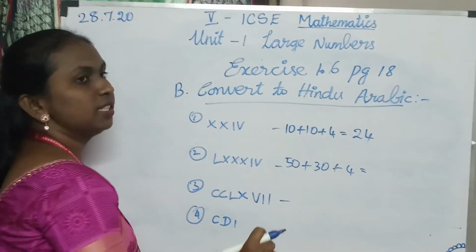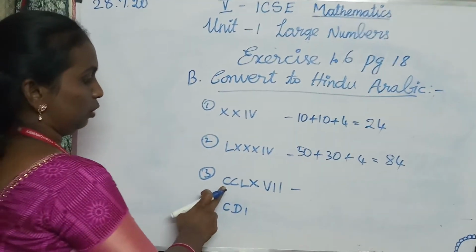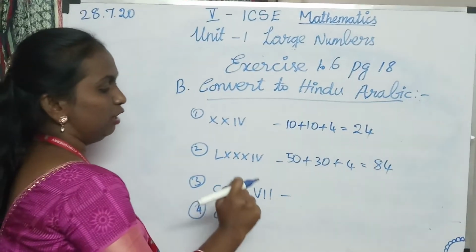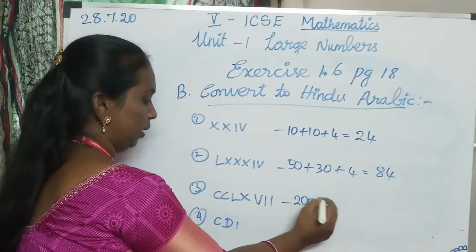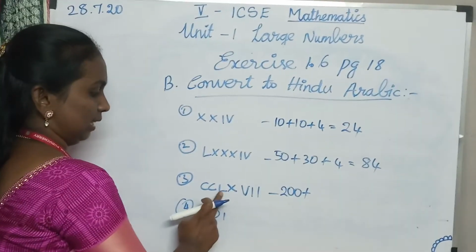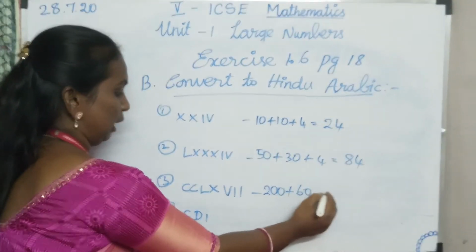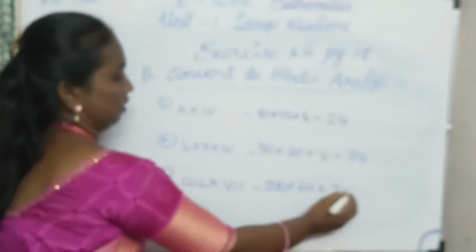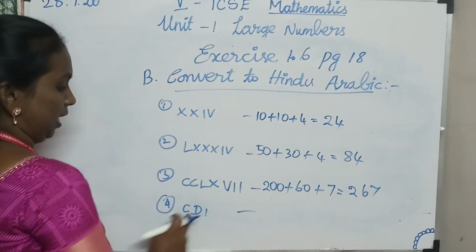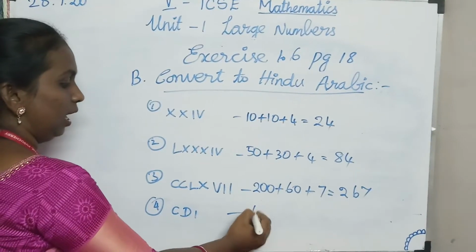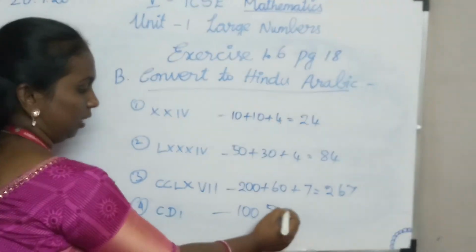So 50 plus 30 plus 4 is 84. Coming to this, C for 100, so we have 200 plus LX: L for 50 plus X, 60, plus 7. So totally we have 267.